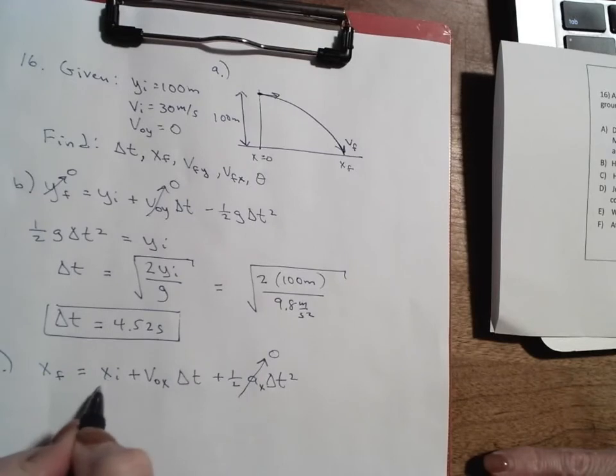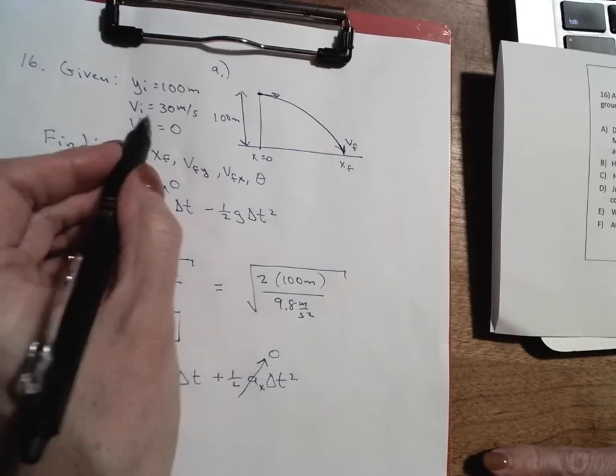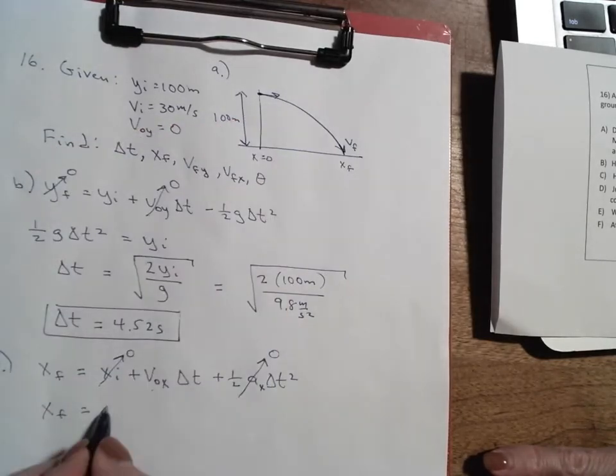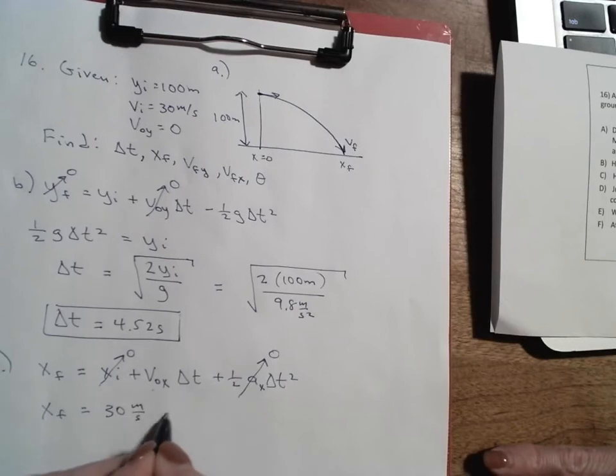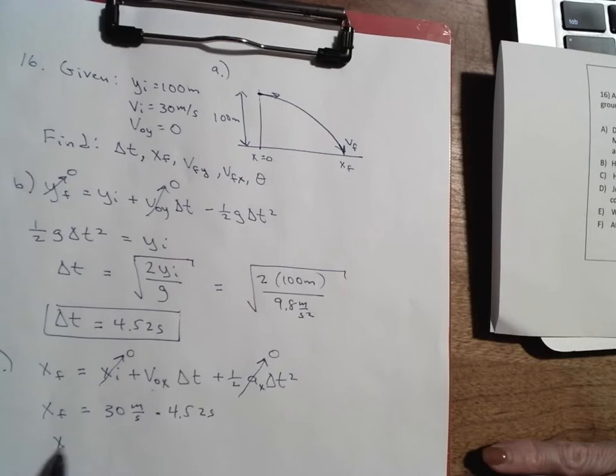My initial x position is 0. So I'm just left with these two, and I'm looking for x final. So x final is equal to v naught x, my initial velocity in the horizontal direction, so that's 30 meters per second times my delta t, 4.52 seconds. So x final is equal to 135.5 meters.